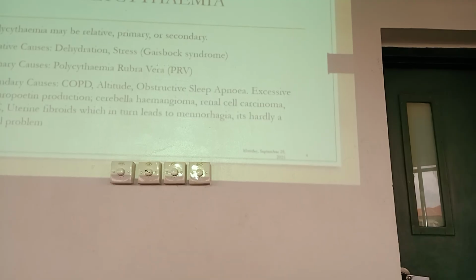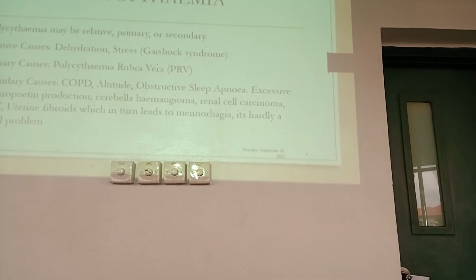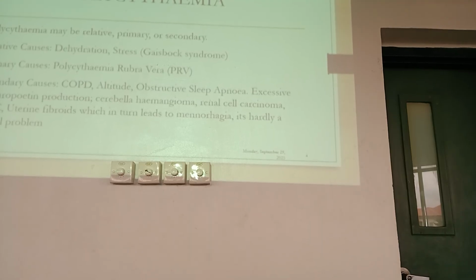Okay, if you want to classify polycythemia based on red cell mass, the quantity of the red cells in you, you use that classification: absolute polycythemia when the red cell mass is higher than expected, or relative polycythemia when the red cell mass is normal but PCV is increased.